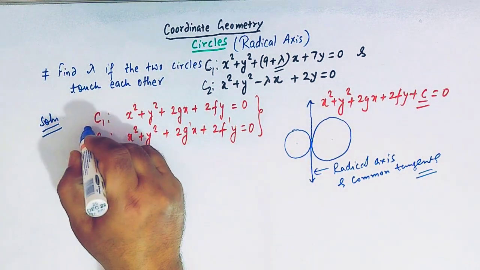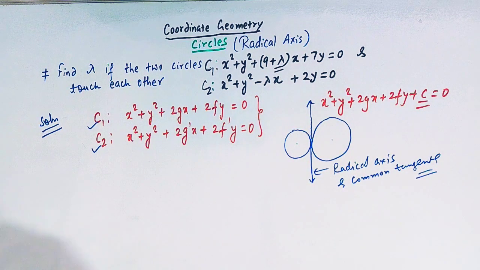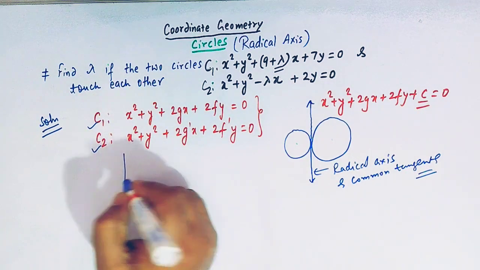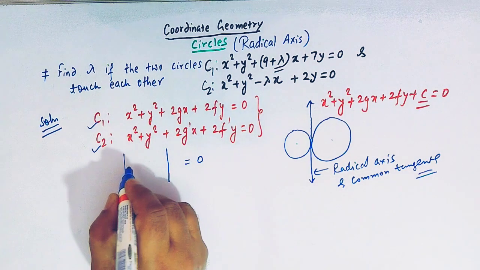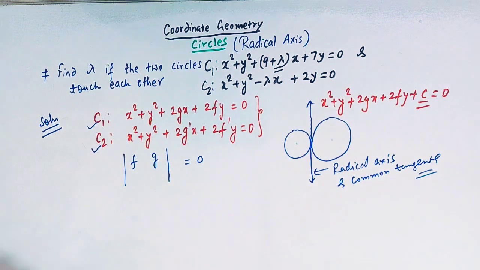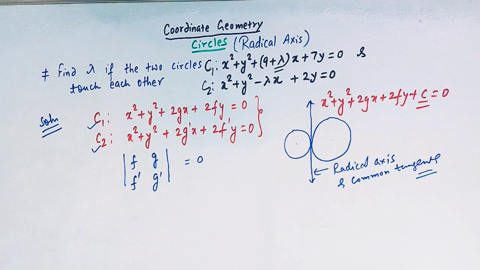So now when circles C1 and C2 touch each other, the condition for this is that the value of this determinant is 0, right? So here we have f, and here we have g, and here we have f prime, and here we have g prime, right?